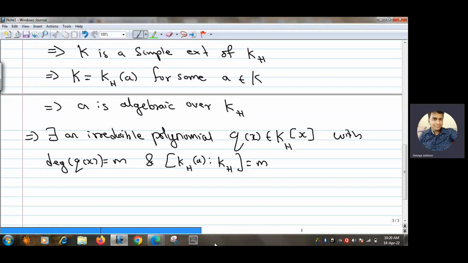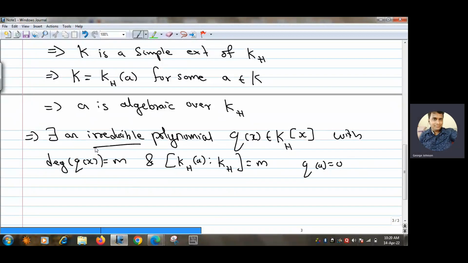This is because we are assuming that A is algebraic of degree n over K^H, and therefore by the theorem, the dimension of K^H(A) over K^H is n. And because A is algebraic of degree n over K^H, there is a minimal polynomial of degree n which is satisfied by A. So one more thing here is that Q(A) is also equal to 0.